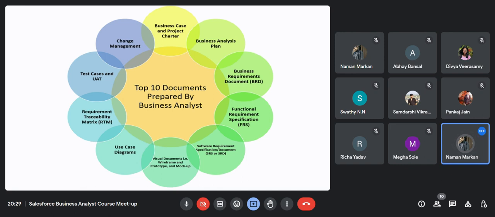we will start from the first one, which is the business case and the project charter. Think of these as high-level documentation, because a business case is a high-level document that is created before even initiating the project.